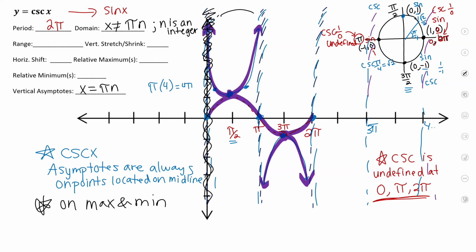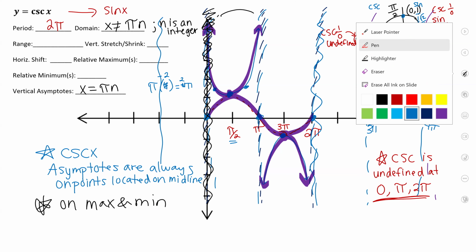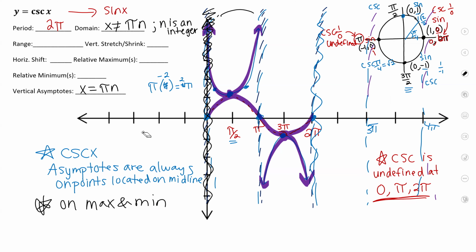This is 4 pi. So you'll run into an asymptote. If you want to test another number like 2, that's 2 pi. And look, you have an asymptote at 2 pi. You want to test a negative number like -2, you'll have an asymptote at -2 pi. All right, so you can always test your equation, make sure it checks out.